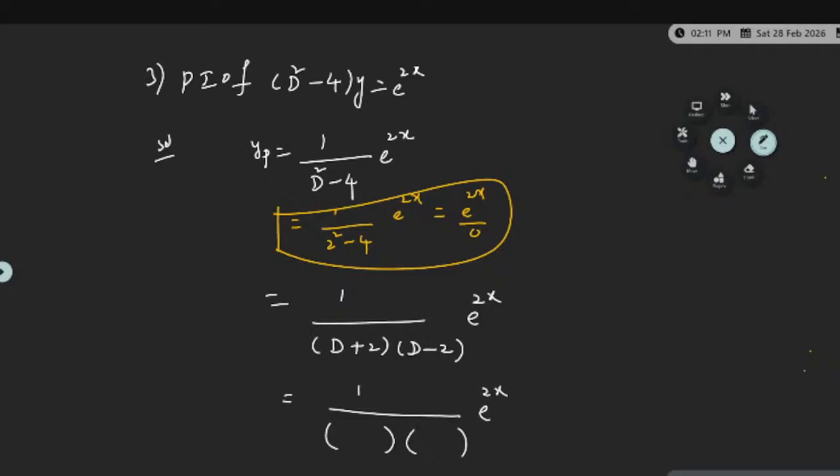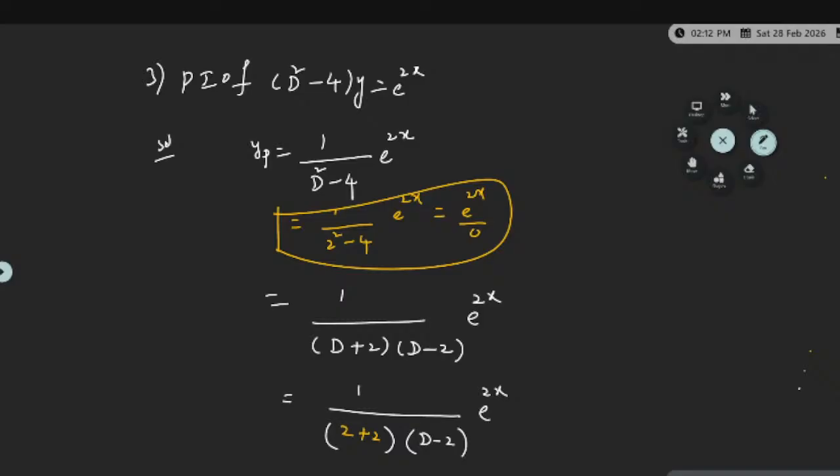Concentrate. Once again, get ready to substitute d equal to 2 in these factors.